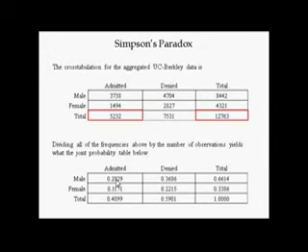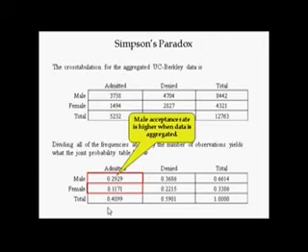This is the probability that a male is admitted, this is the probability that a UC Berkeley Graduate School applicant is male and admitted. This is the probability that a UC Berkeley Graduate School applicant is female and admitted. Again, the male acceptance rate appears to be higher when the data is aggregated.